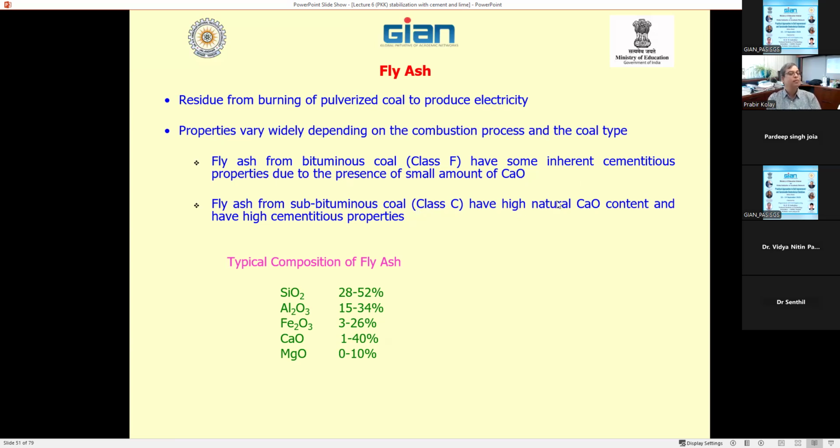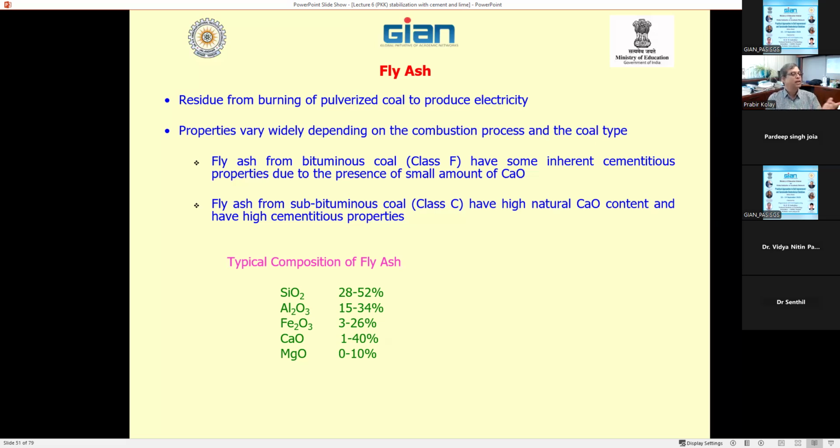The problem is that, if you use it in concrete, class C also has more sulfur. The sulfur reacts with water, forming sulfuric acid, which then reacts with the reinforcement and corrodes it.